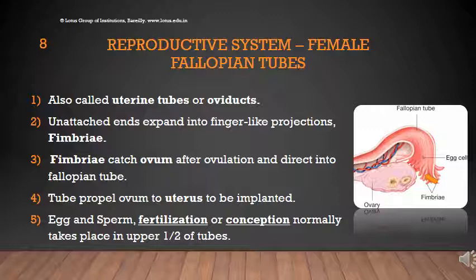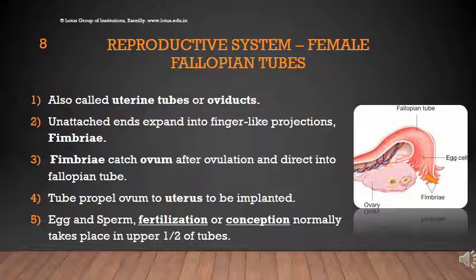Fimbriae catch the ovum after ovulation and direct it into the fallopian tube. What is the role of fimbriae? They are very important for catching the egg cell or ovum and transporting it to the fallopian tube. Next, the tube propels the ovum to the uterus to be implanted.